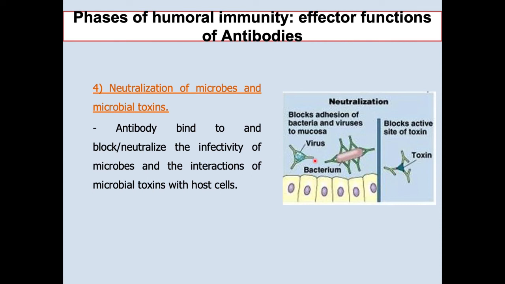By binding to the surface of a bacterium, virus or toxin, it helps stop the bacteria or antigens from invading the host system. In other words, the bacteria is neutralized and not functioning because it cannot invade the host cells.